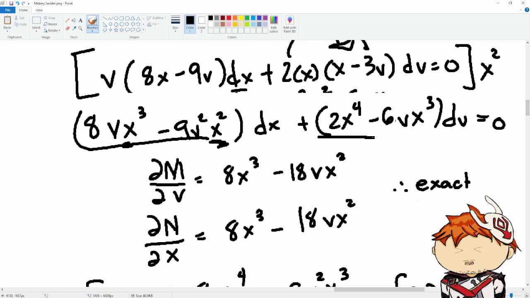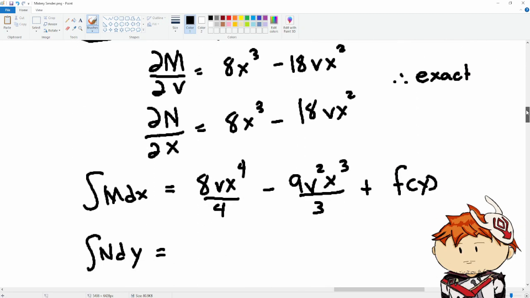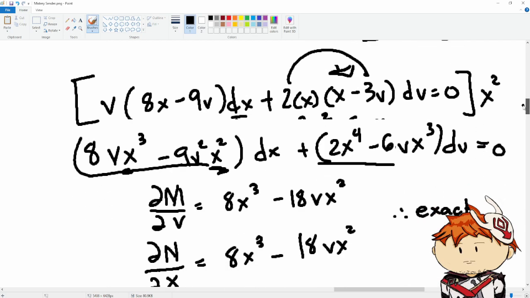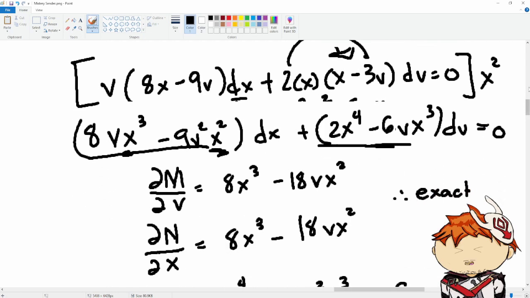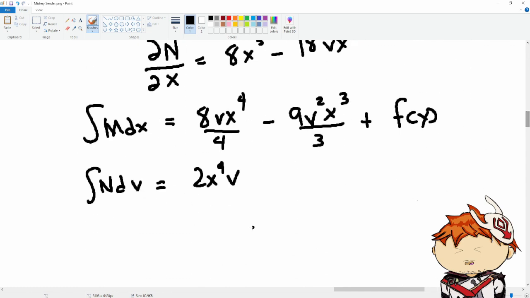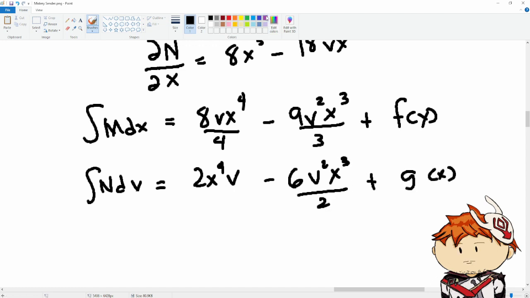So on the right part, 2x to the 4th will become 2x to the 4th v, because we're integrating by v, right? Not y, but v. So 6v x cubed will become v squared, so 6v squared x cubed over 2 plus g of x, okay?